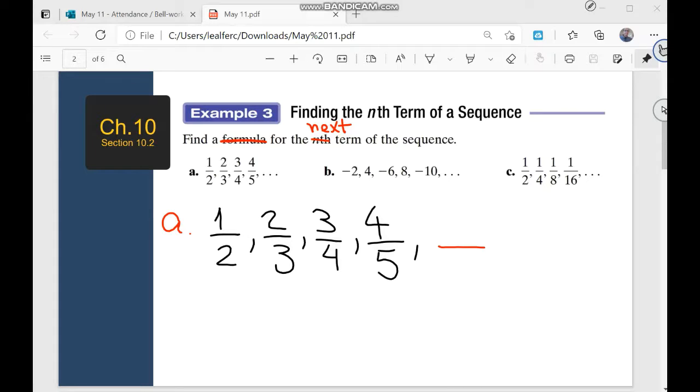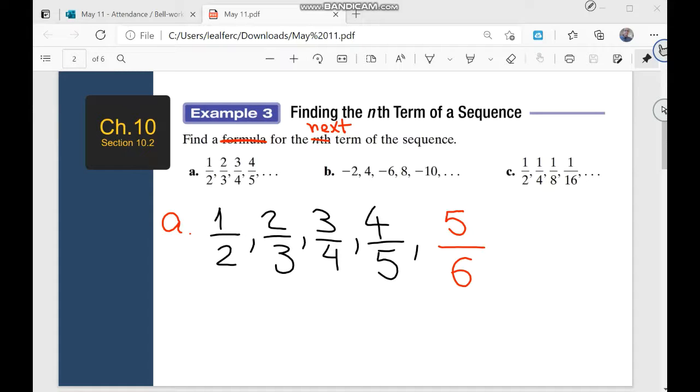Let's have a look at the numerator. We have 1, 2, 3, 4. The next numerator is 5, right? Now, look only at the denominator. We have 2, 3, 4, 5. The next denominator will be 6, right?